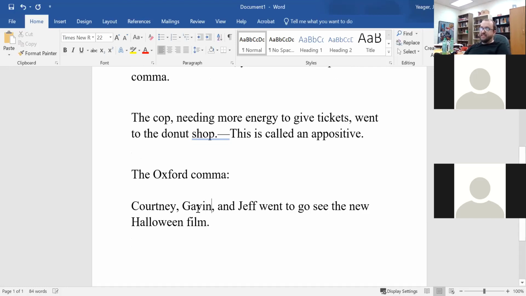Let's say that I cut that out: Courtney, Gavin and Jeff went to go see the new Halloween film. Lots of people will say the "and" functions the same as a comma. Not really, right? You do need this second comma in a list of three or more things. So they call that the Oxford comma.